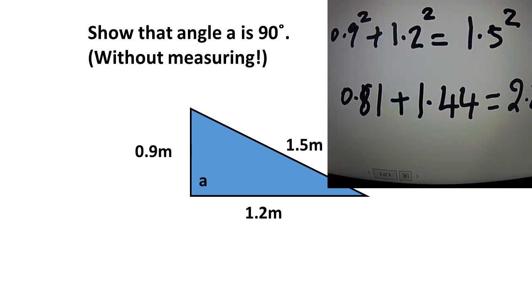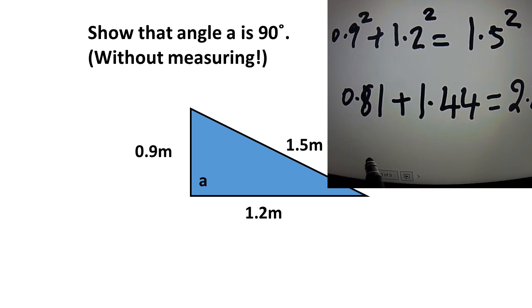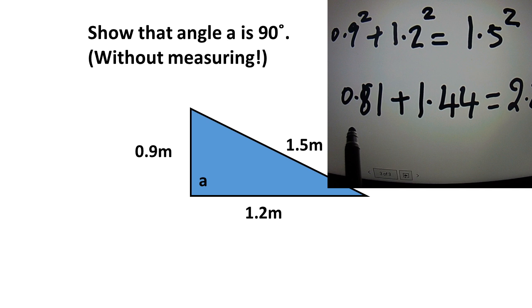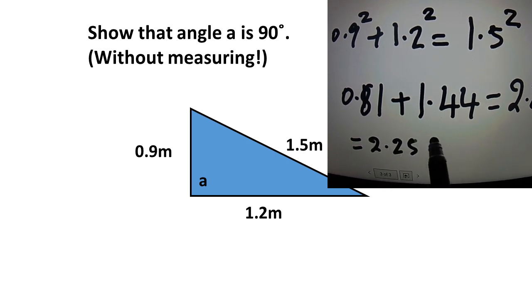So 0.81 and 1.44, both added together, equal 2.25.